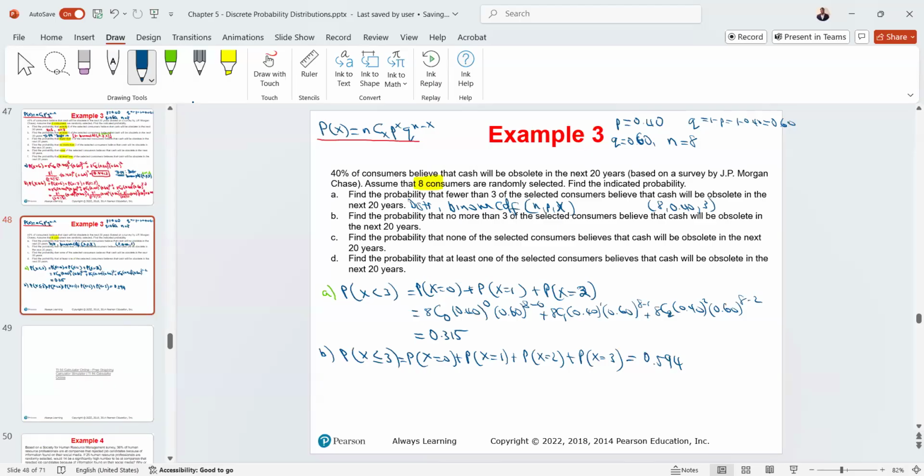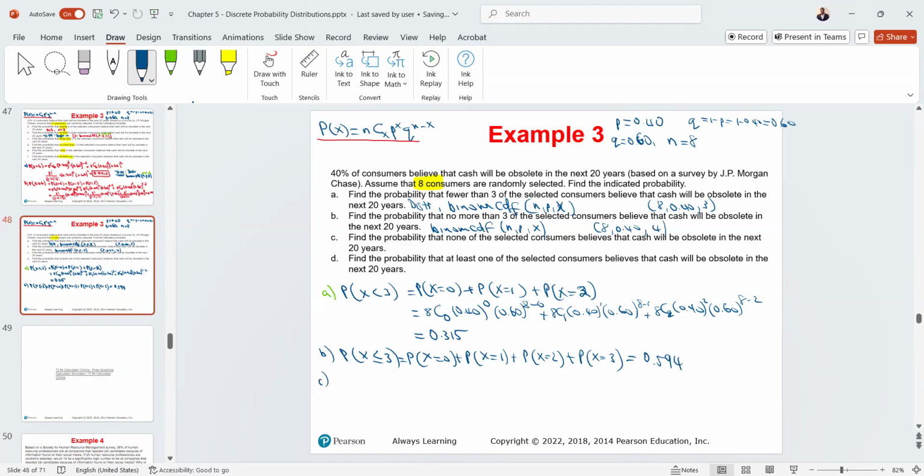The same for this one, because it says no more than 3, we need to stop at 4. We do binomCDF. PDF is when we said exactly. CDF is when it's an inequality, like less than or no more than. We know NPX: N is 8, 0.40 for P, and for X we say 4 because 3 is in it.